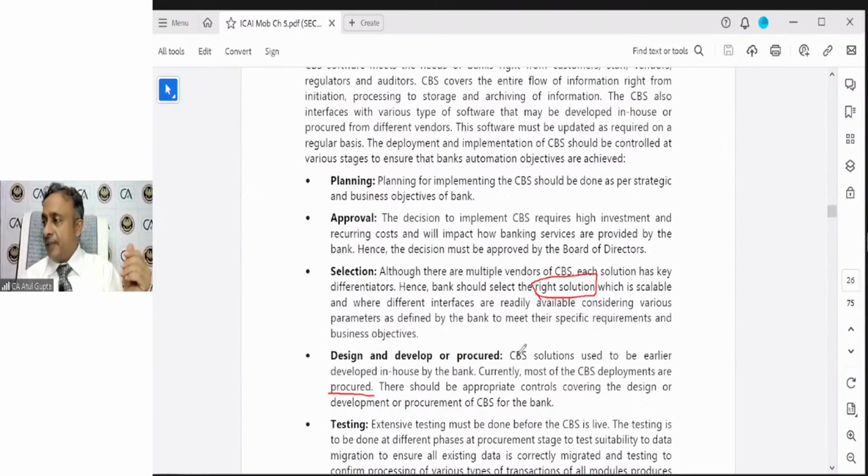Okay. So I'm looking for the right solution. Scalable. Okay, let me bring the paragraph, I'll underline it. It's up there. Just give me a second. So I want to tell you the right solution.